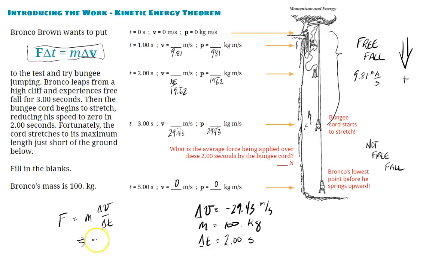And if I do the math, I get negative, because it's against the motion, right? It's upward, of 1,470 to the correct sig figs, newtons. There we go. And so that is what goes in right there. Hopefully that makes sense. Okay, on to the next slide.